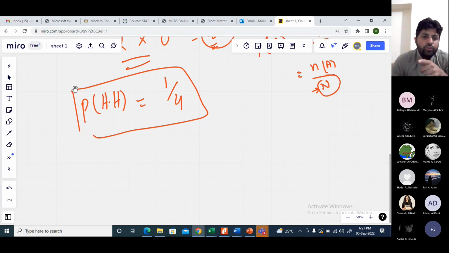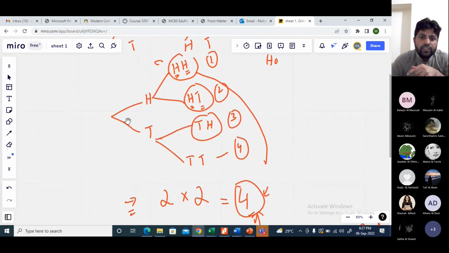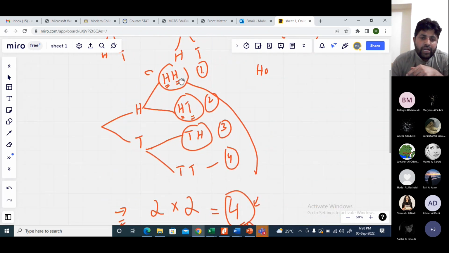Now I will show you how we have reached this conclusion, because you can see your sample space here. Two heads, head tail, tail head, and two tails. So these are 1, 2, 3, 4 events, and two heads is only one event out of four.